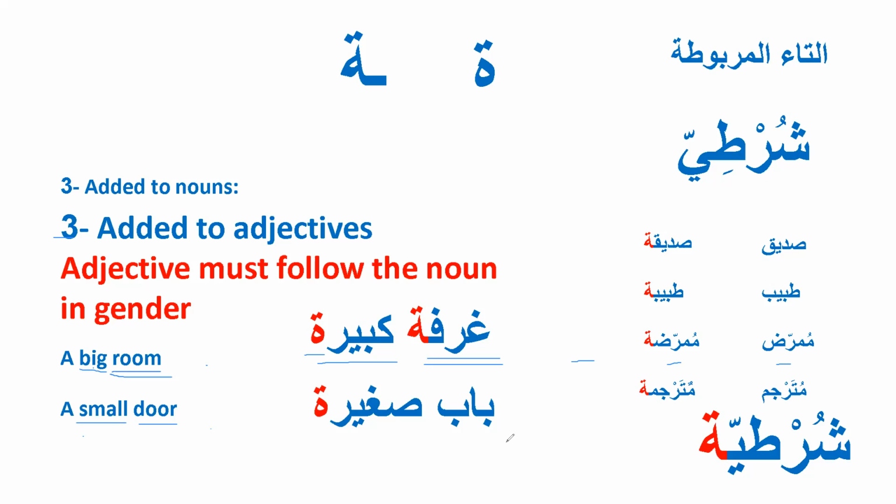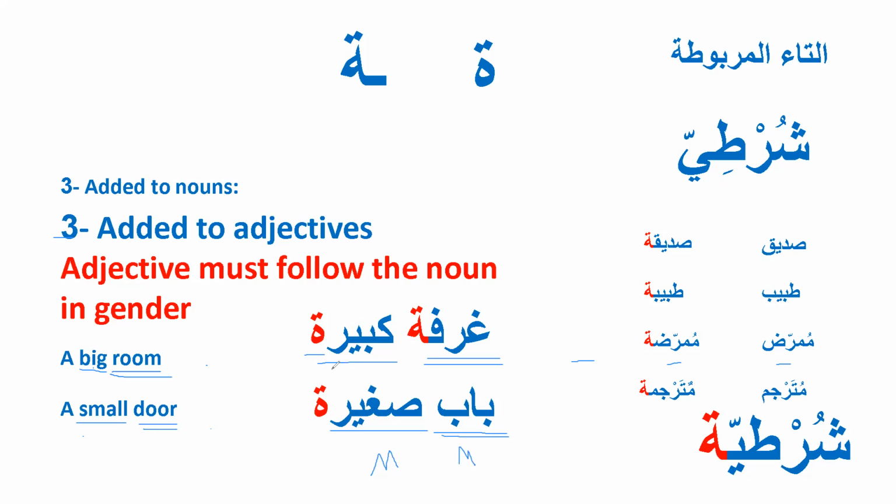Okay. Here we have a small door. The word bab is the noun, and صغير is the adjective. Okay, so in bab there is no ta marbuta, it's masculine. So the word صغير also should be masculine.